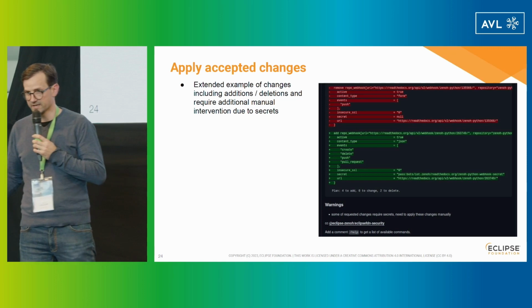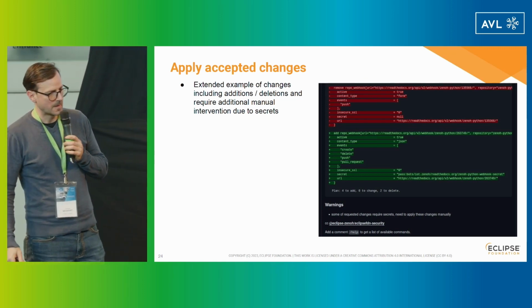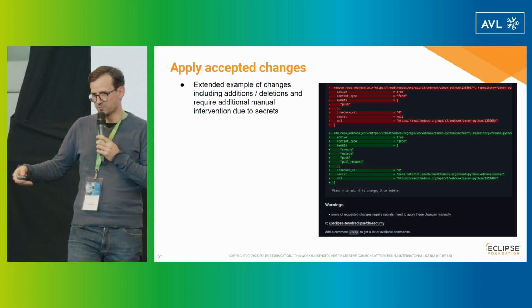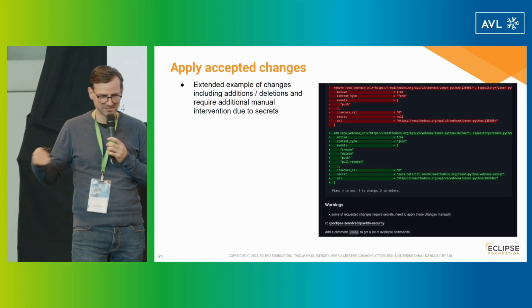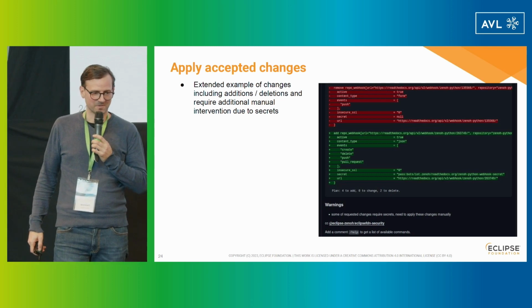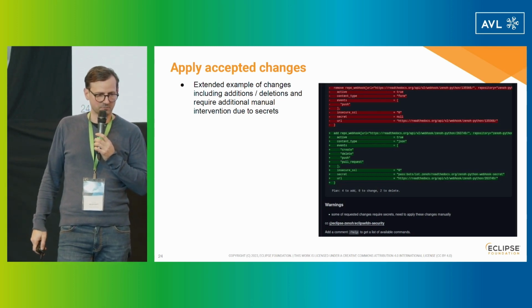So it also supports that. So you're not only adding resources, but also deleting them. Of course, deletion always needs additional approval, that's clear, especially repositories. Deleting repositories is not something that we like to do, even though you can recover them nowadays, but it's still something that we would like to prevent.